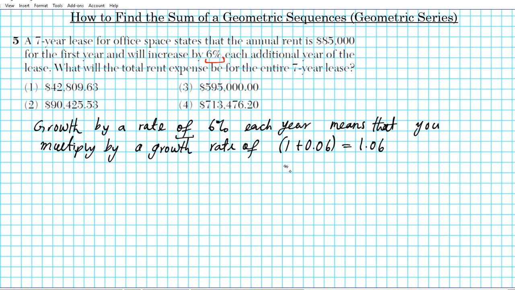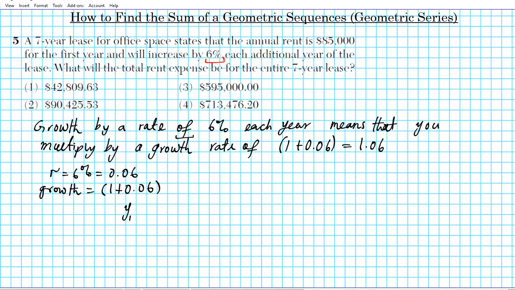So we're going to be multiplying by 1.06 every single time because the percentage was 6%, which is equal to 0.06 in decimal form. Since it's growth, you multiply by 1 plus the growth rate. If it were decay, it would be a subtraction.